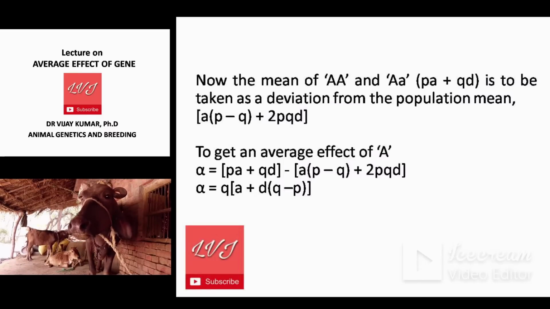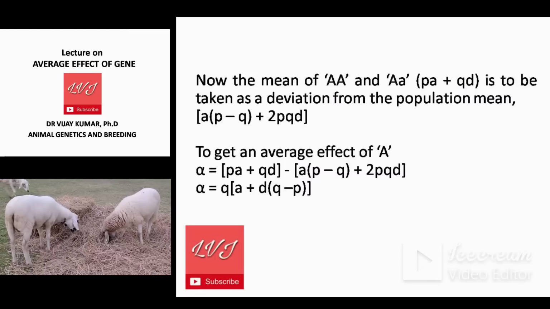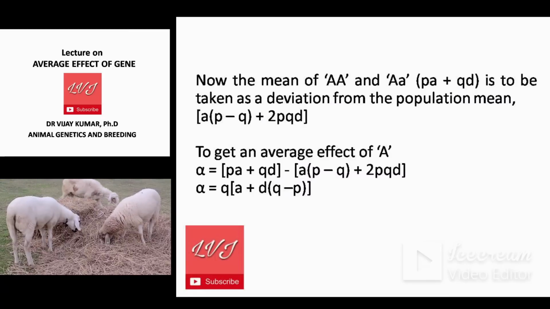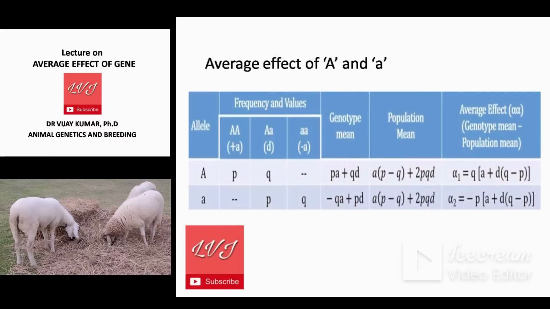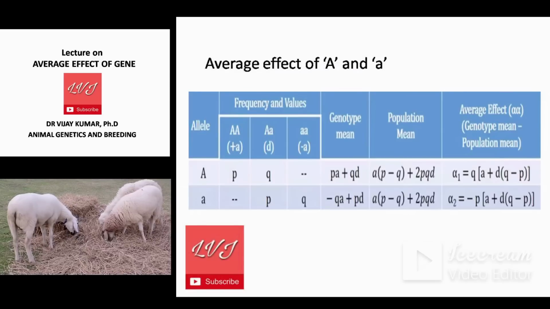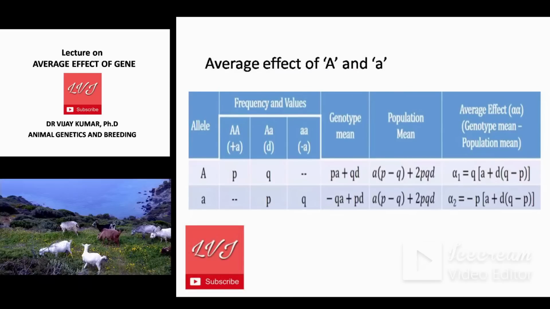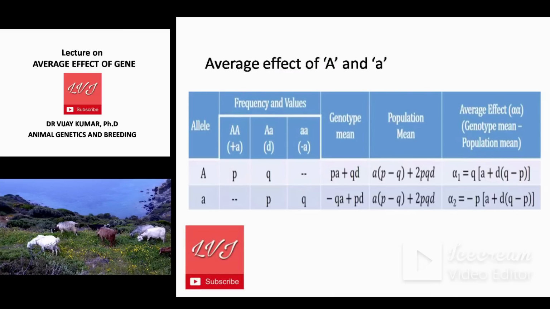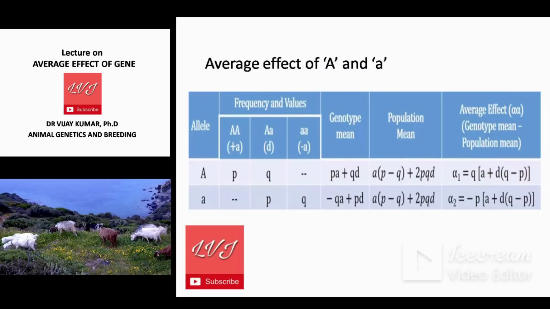So this will be the value for the average effect of the dominant allele. In this way we can also calculate the average effect for the recessive allele, and that will be minus p[a plus d(q minus p)].